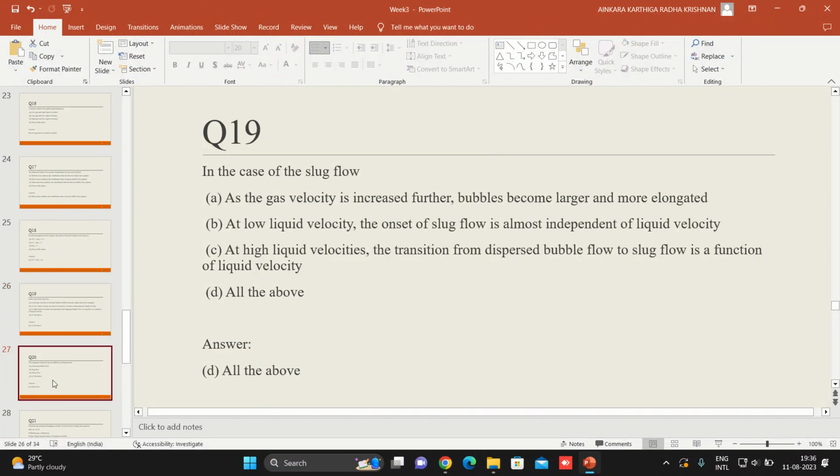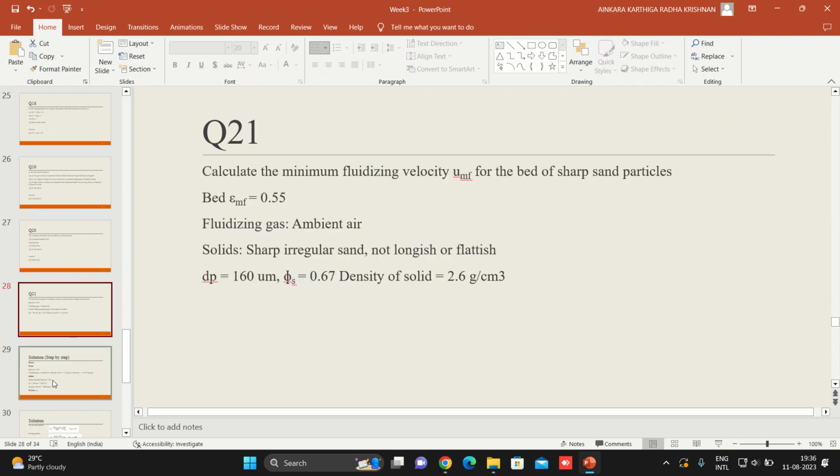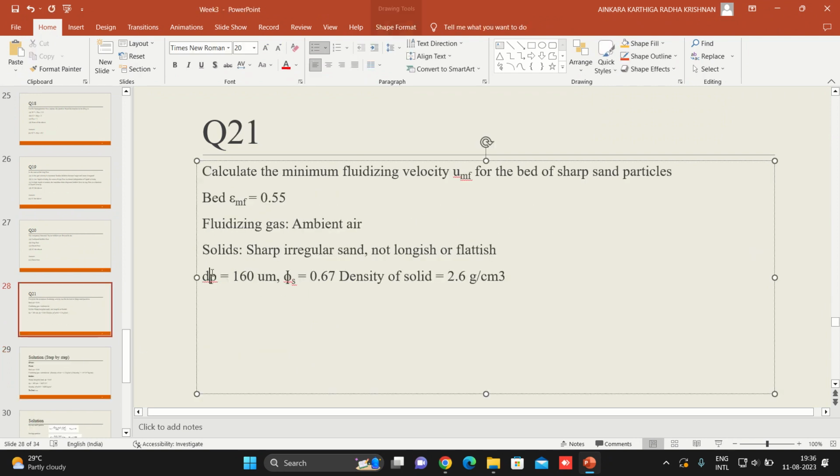And question 19 was about slug flow, and it is about churn flow. It is micrometer.